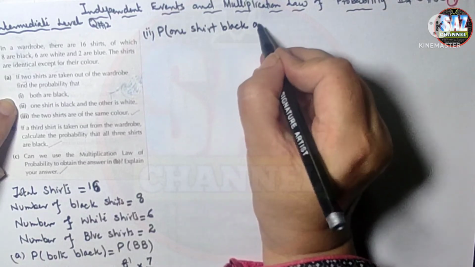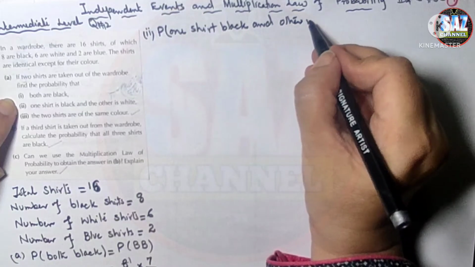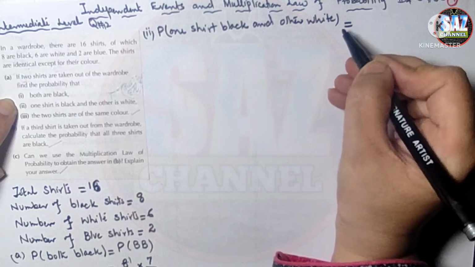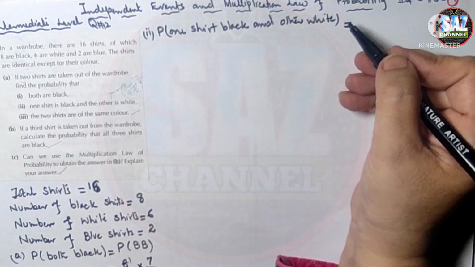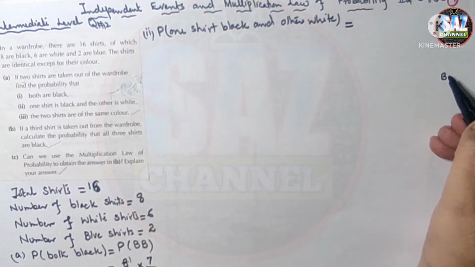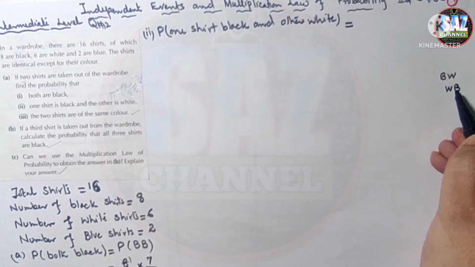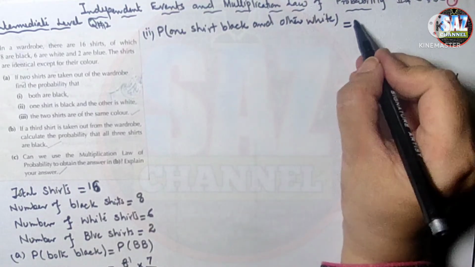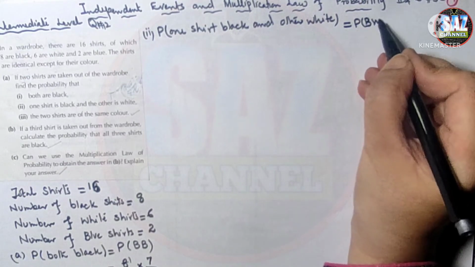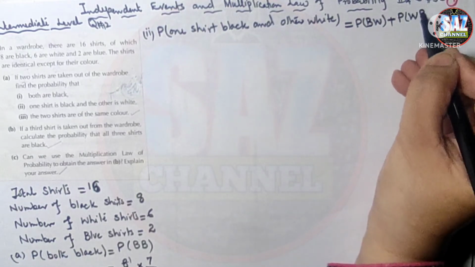Second part: probability that one shirt is black and the other white. Wait here and try to understand the sentence. There is no restriction imposed. Either you can pick up the black first and then white, or you can pick up the white first and black later. Probability of black with white plus probability of white and black.